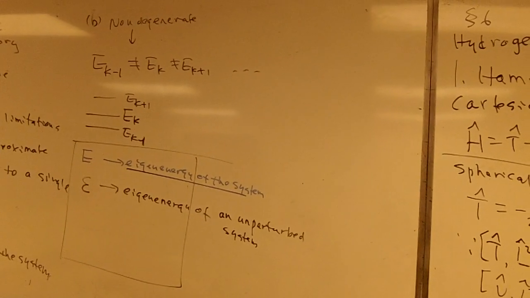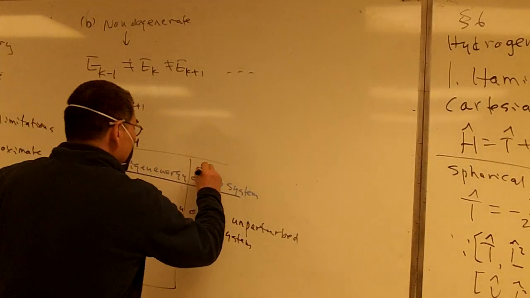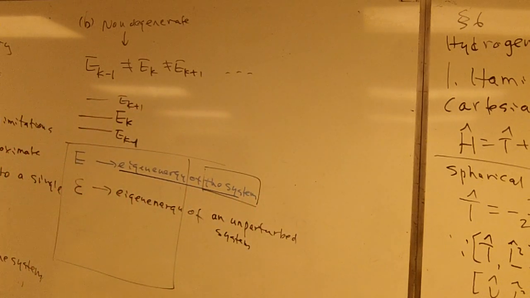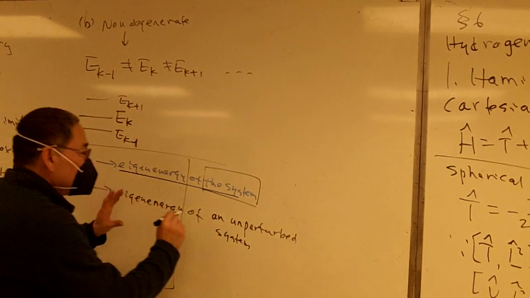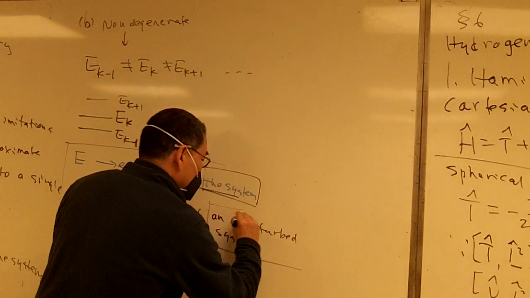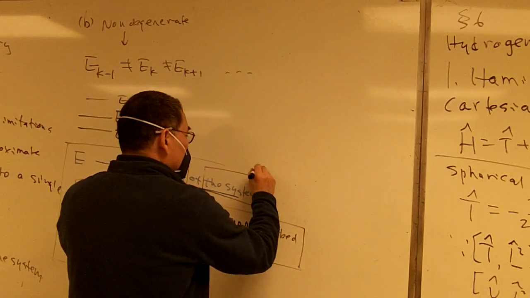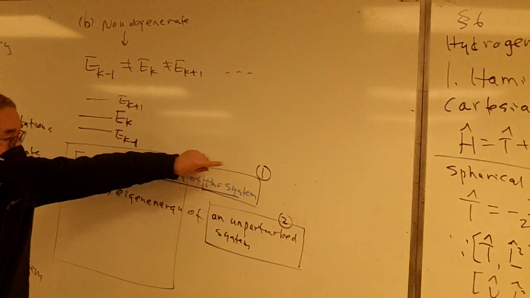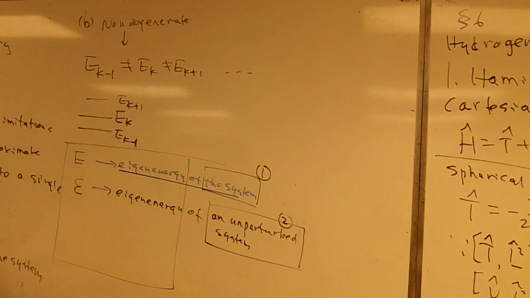In other words, this one here is the original entire system. Here is the unperturbed system. I'm going to call this 1 and this 2. Folks, could you write this down? 1 and 2. We have two different systems going on.